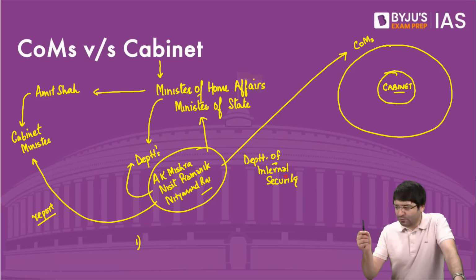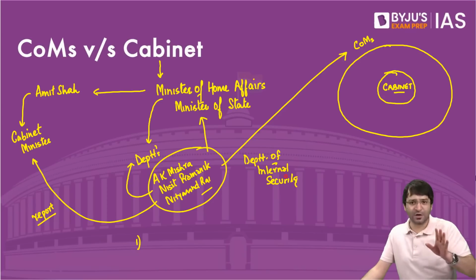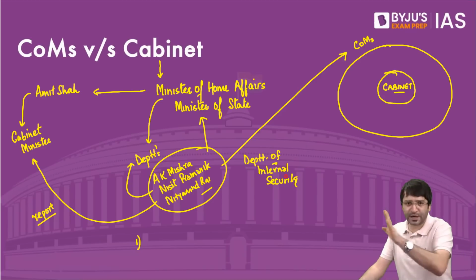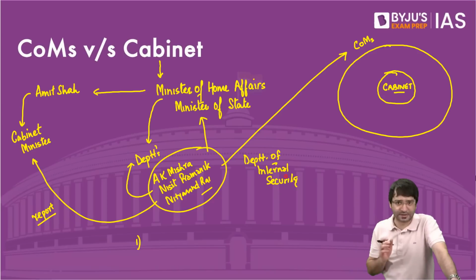What if tomorrow, on the advice of the Prime Minister, the President is appointing me as a minister? But who has the responsibility of allocating ministries to various individuals? That's the prerogative of the Prime Minister. Prime Minister gets to decide who becomes my Home Minister, who becomes my External Affairs Minister, who becomes my Defense Minister, who becomes the other ministers, right?